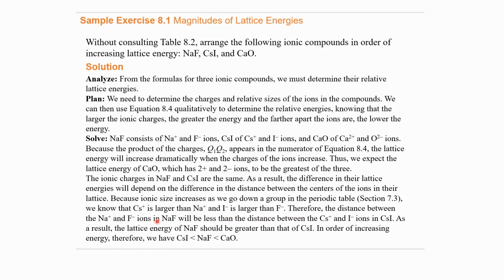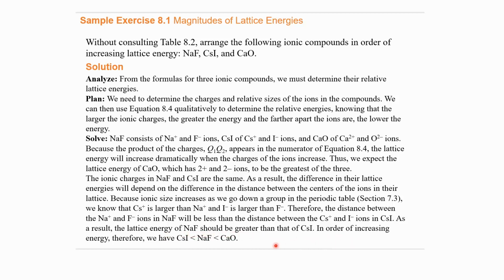Therefore, the distance between the Na+ ion and F- ion in NaF will be less than the distance between Cs+ and I- ions in CsI. As a result, the lattice energy of NaF should be greater than that of CsI.